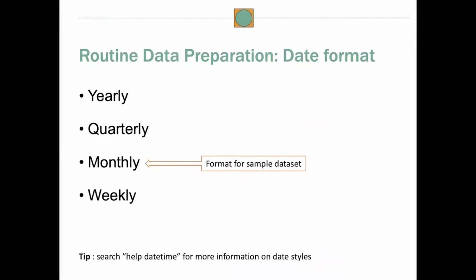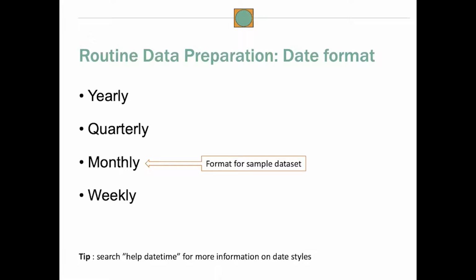After the reshape, your dates will be stored as a string variable, and we'll need to format it accordingly so it can be recognized by Stata. Depending on your research question and data available, you can format the dates to be daily, weekly, monthly, quarterly, and yearly. For our data, we want to format our dates in a monthly format, mainly because we have monthly data.